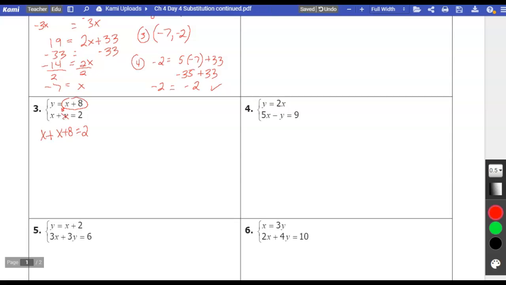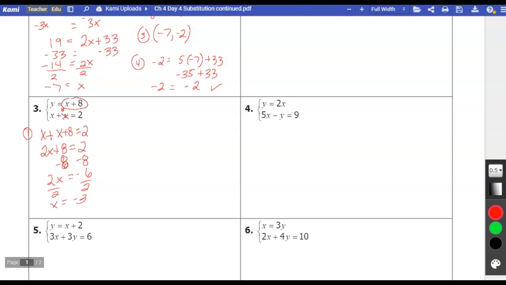So this y disappeared. I replaced it with the x plus 8 because, again, these two equations are equal. Now I have 2x plus 8 equals 2. So I'll quickly do the math here. Subtract 8, and 2x equals negative 6. Divide by 2. X equals negative 3.